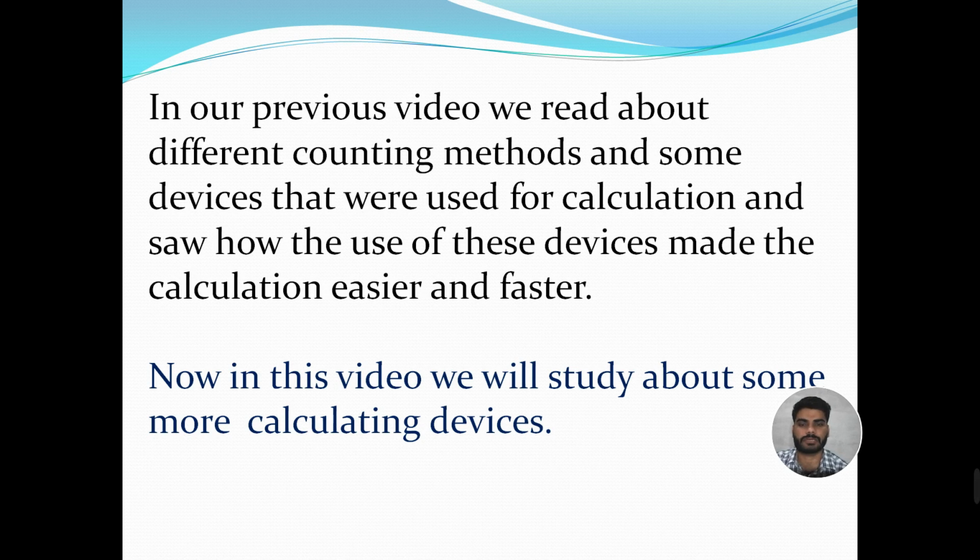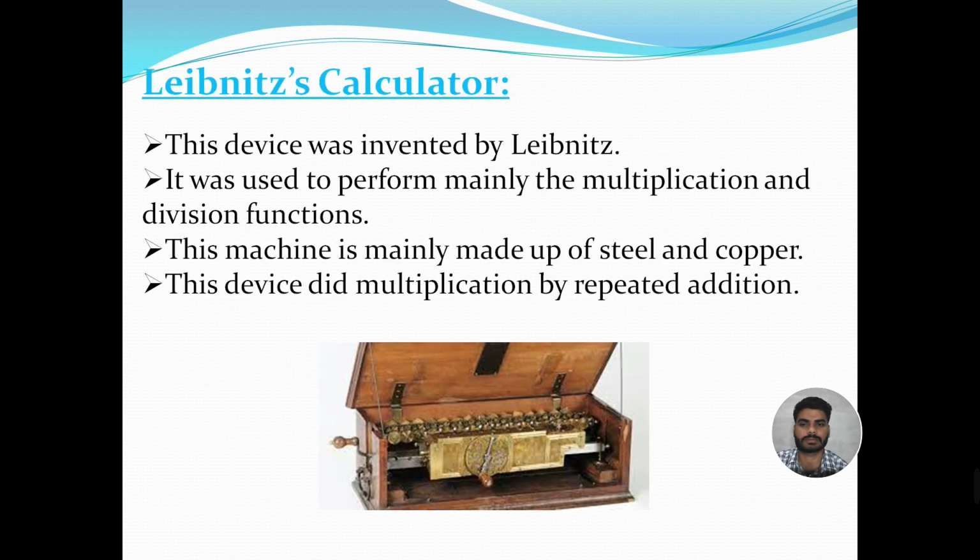Students, our first device is Leibniz's calculator. This device was invented by Leibniz. It was used to perform mainly the multiplication and division functions. This machine is mainly made up of steel and copper.